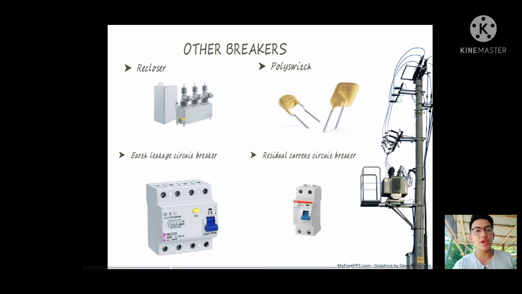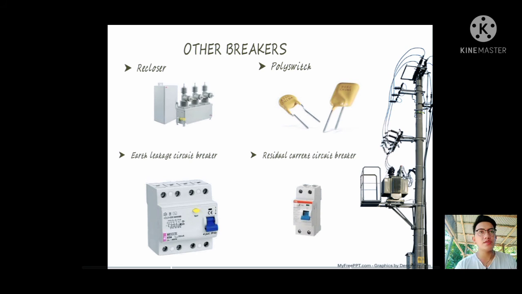Next is the earth leakage circuit breaker. In an earth leakage circuit breaker, one terminal of the relay coil is connected to the metal body of the equipment to be protected against leakage, and the other terminal is connected to the earth directly.